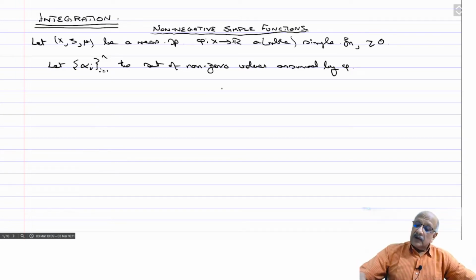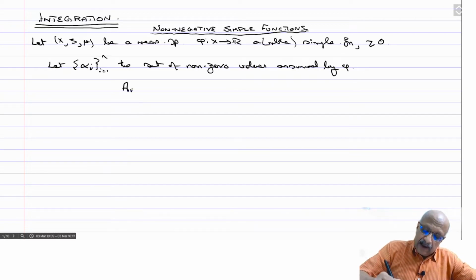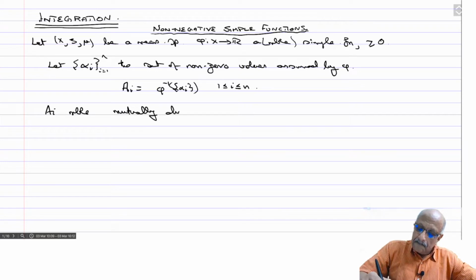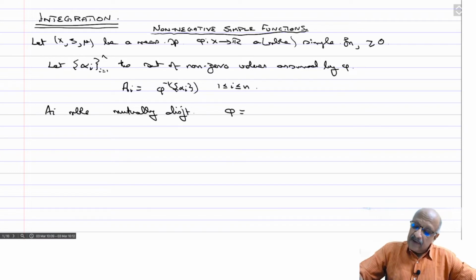It takes only a finite number of values, being a simple function, and let us take A_i to be equal to phi inverse of alpha_i, 1 less than or equal to i less than or equal to n. Then the A_i are all measurable and mutually disjoint, and you can write phi as the sum over i equals 1 to n of alpha_i chi of A_i.